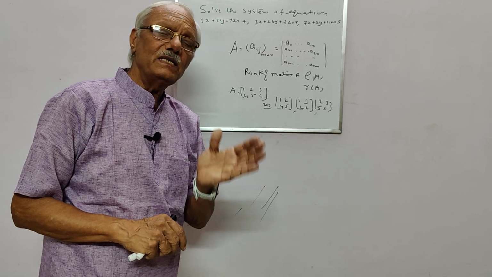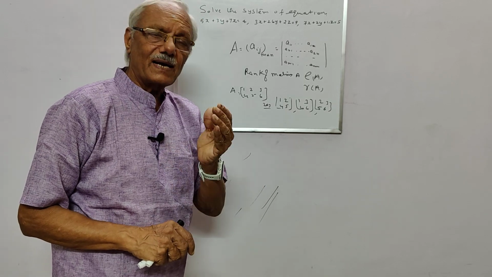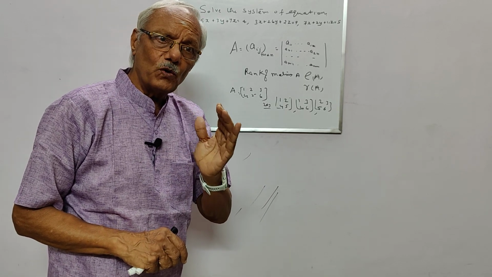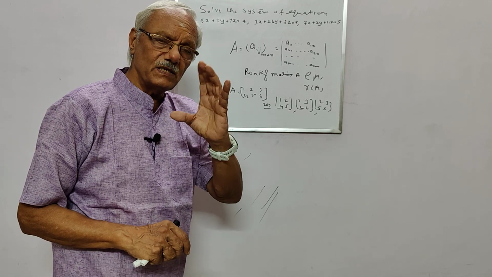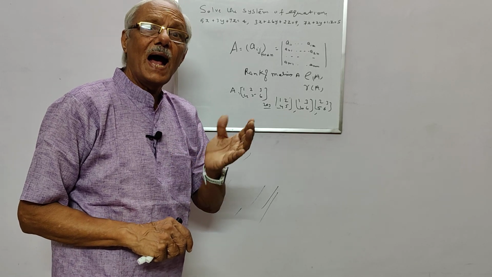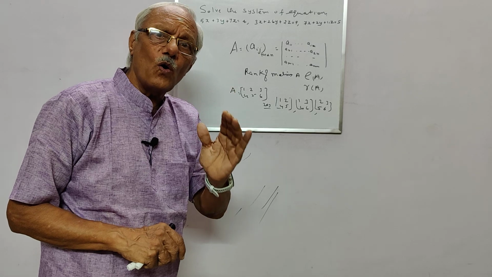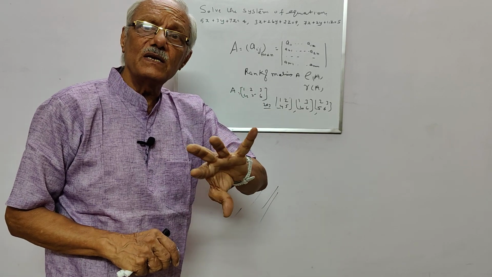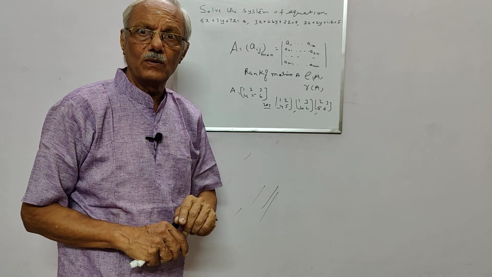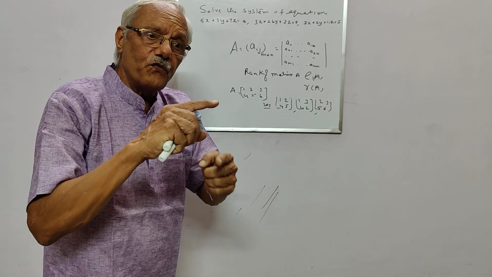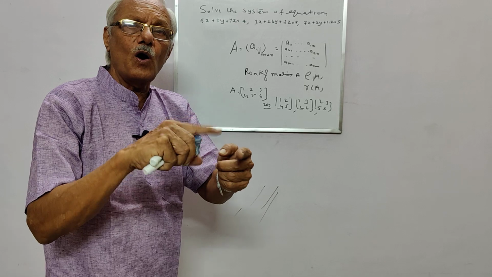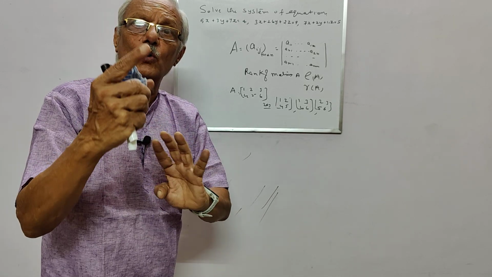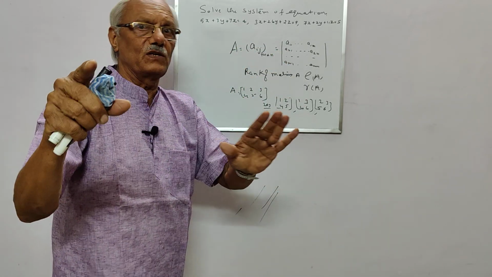Now I define what that rank is. Rank means it is a positive integer, and it is the order of that submatrix whose determinant value is not equal to 0. But at the same time, for higher orders, R plus 1 and more, the determinant value will become 0.